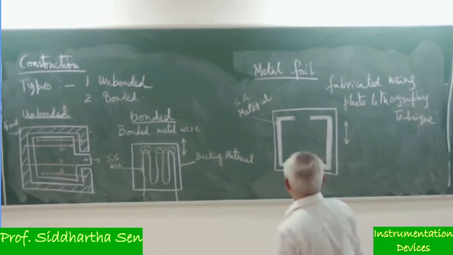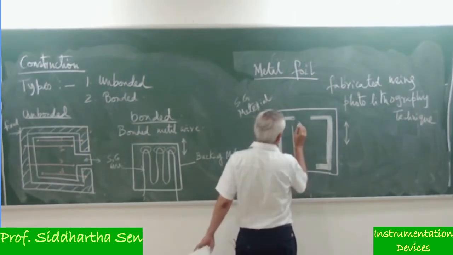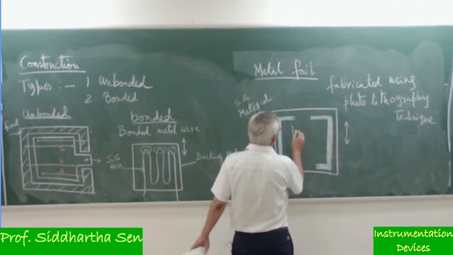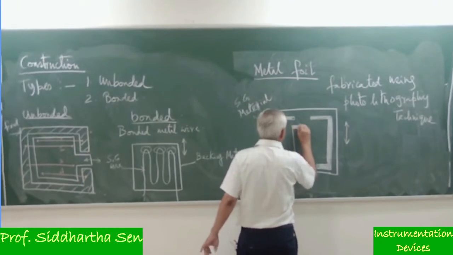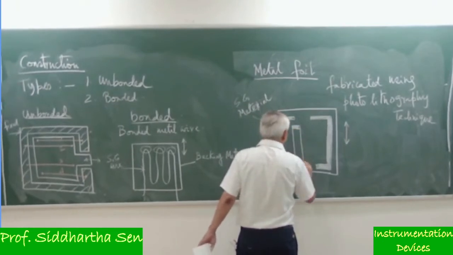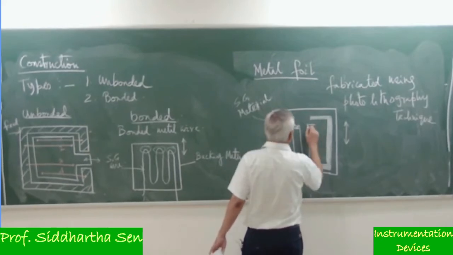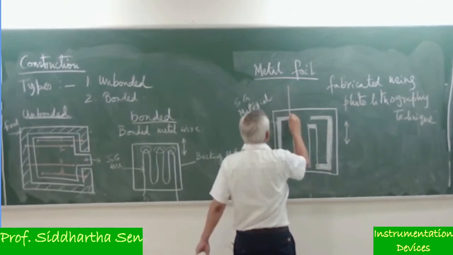The active area is where we have the very thin line. Then again the connections here, then another one like this, then again another one like this, and then connected. And obviously we will have to take the lead wires.